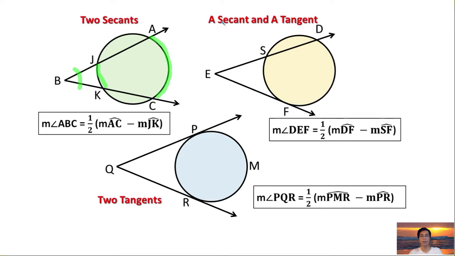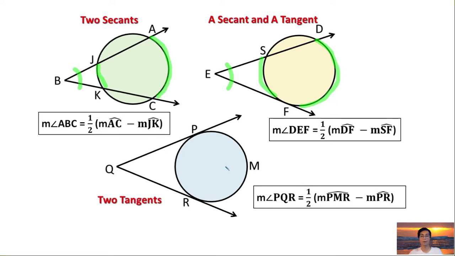So, ganun din ang case kapag a secant and a tangent. Dito naman, ang magiging formula natin, kapag ang nawawala ay si angle DEF, the measure of angle DEF equals 1/2 times the quantity, the measure of arc DF minus the measure of arc SF.